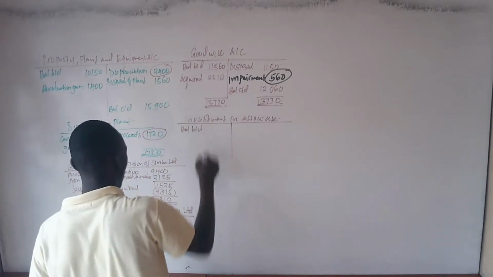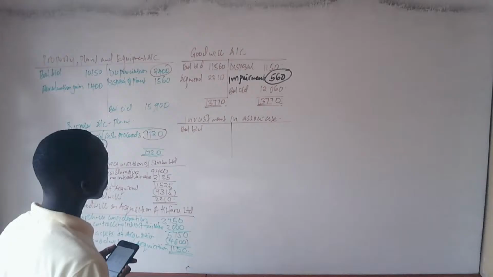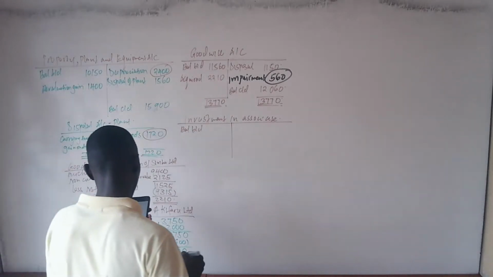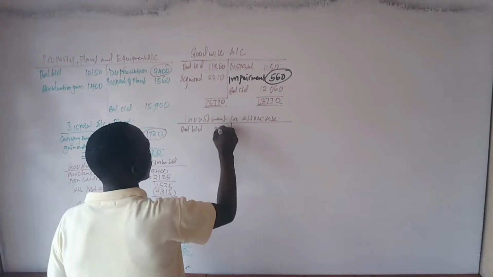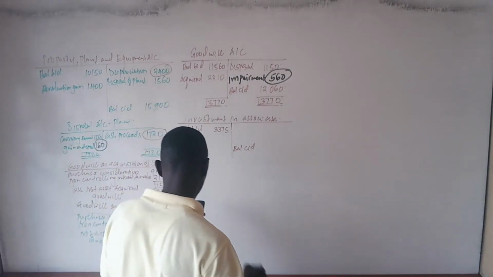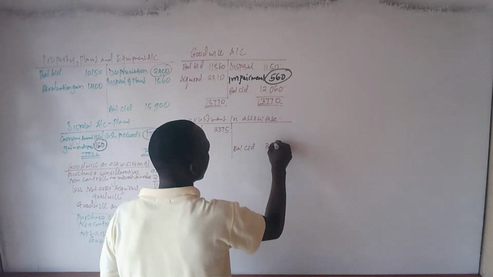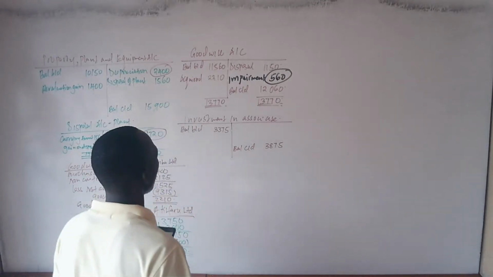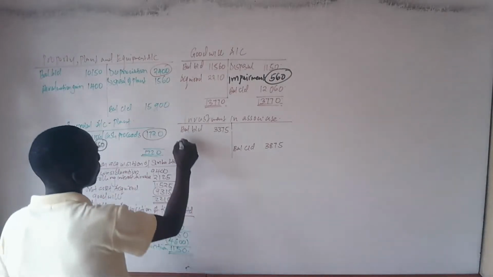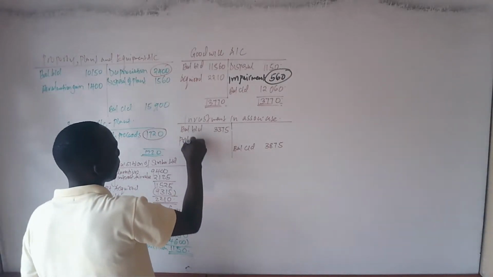Balance brought down is how much? 3375. Balance carried down is 3875. Then from there, give me the profit share.